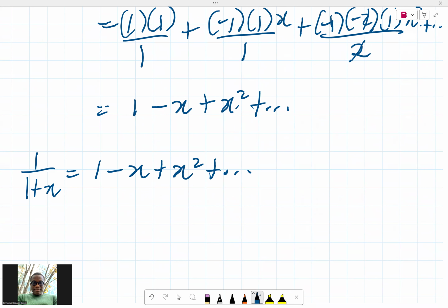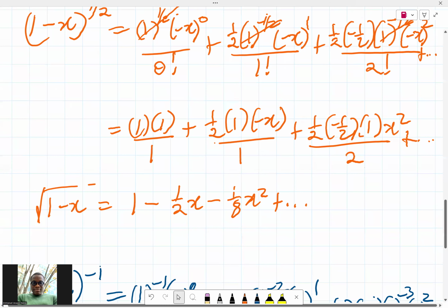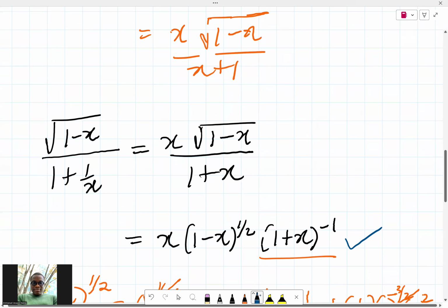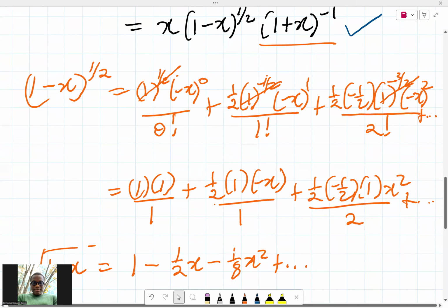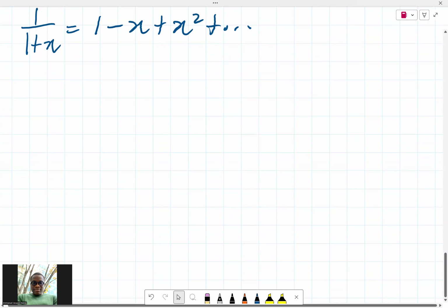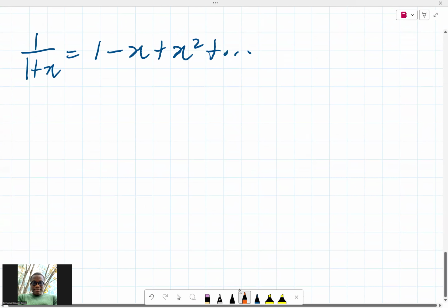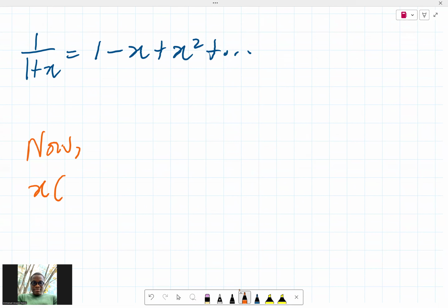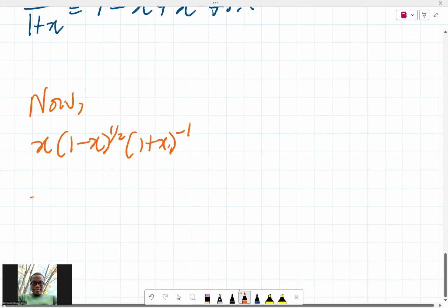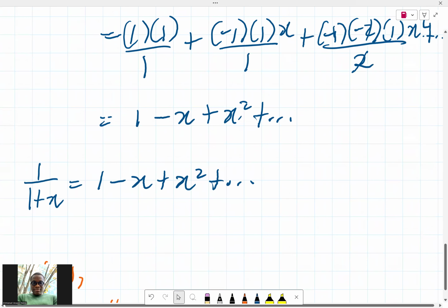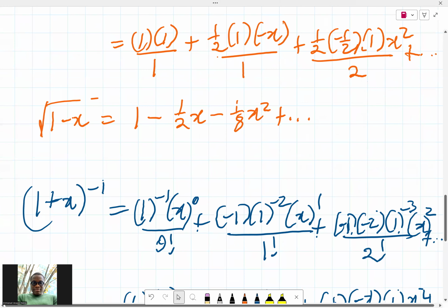So if you go back to where we started from, we can say now x into 1 minus x raised to power half into 1 plus x raised to power minus 1 is the same thing as x into, the first, 1 minus x raised to power half.